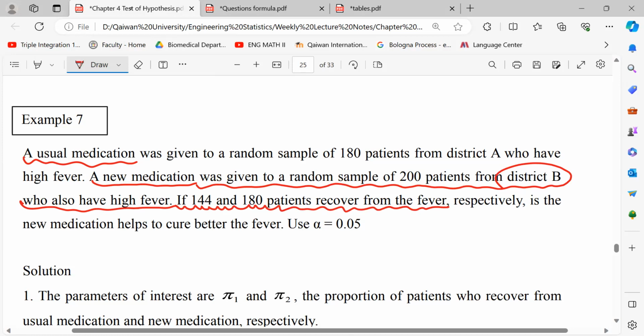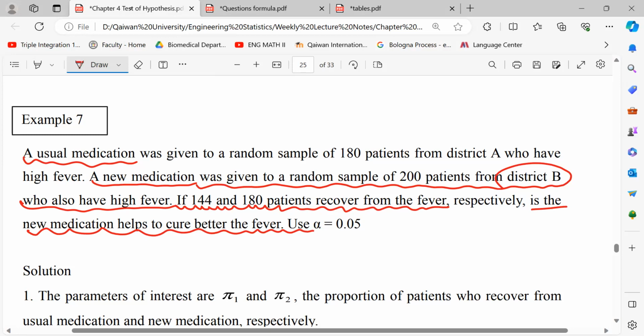Look, here it says 144 people recovered by using the usual medication in District A. And 180 people recovered by using the new medication in District B. It says, does the new medication help to cure the fever better or not? I mean, is the new medication better or not?